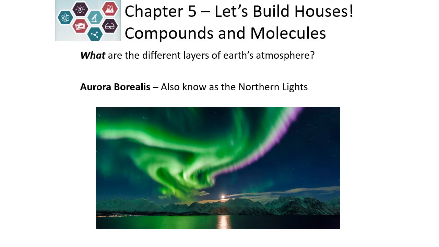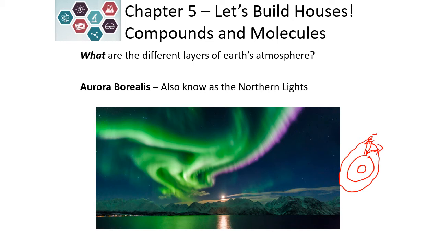The Aurora Borealis, also known as the Northern Lights, happens in the thermosphere. The reason is that we have the nucleus of the atom, and there are electrons, like in our Bohr model of the atom. Electrons get excited from a lower energy state into a higher orbital. When it falls back down, it gives off light.